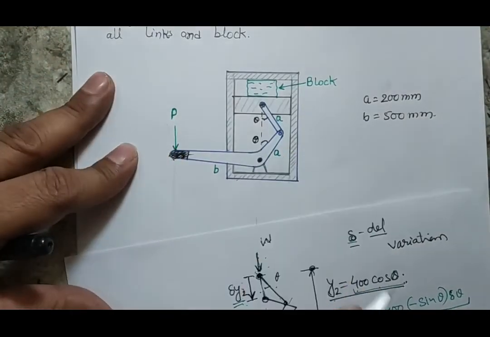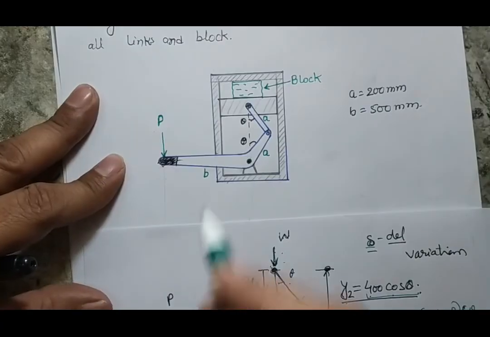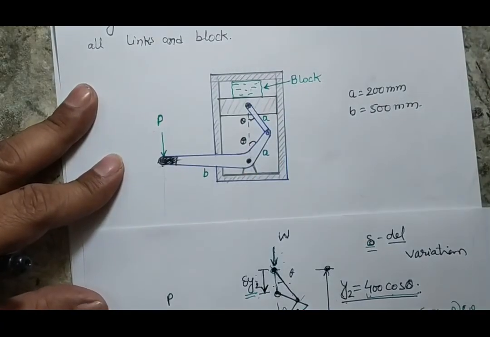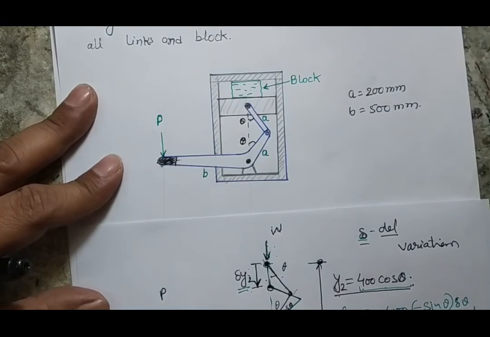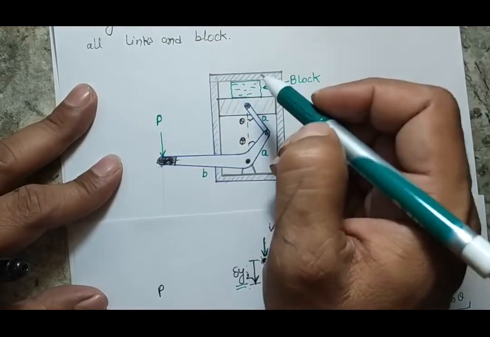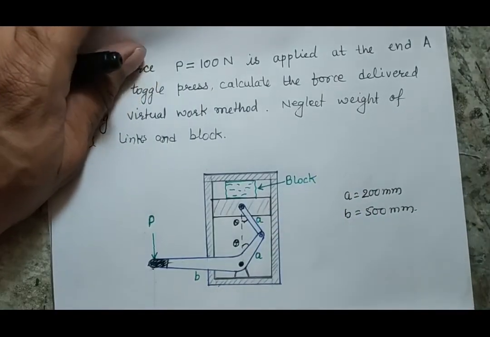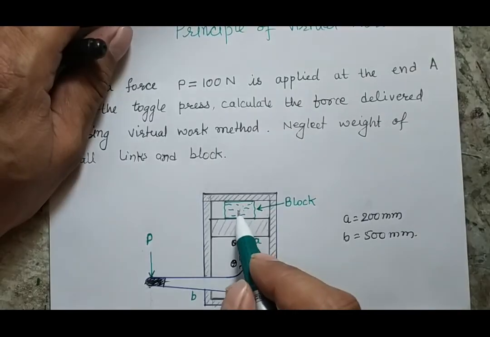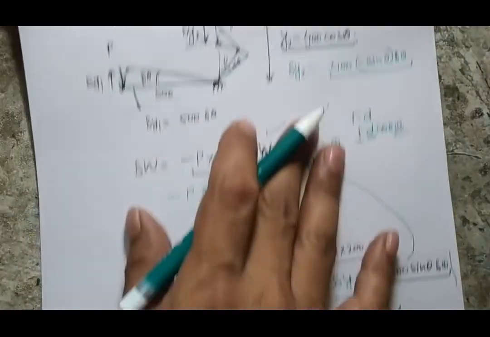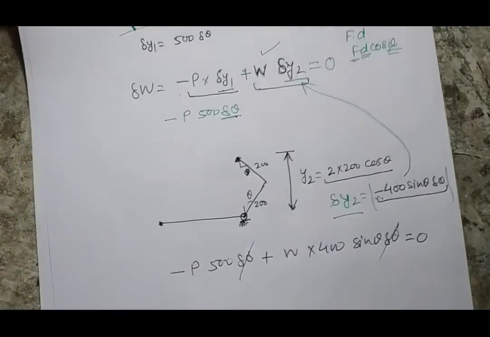In this question, theta is not given, but please understand there will be only one unknown, either the force of this block, or theta, or this p. Out of these three, one will be unknown. Here in the question, theta is not given to you, but we are assuming that theta will be given to you if you want to find a numerical value of this w. But in this question, we are going to write the equation using theta as a variable.